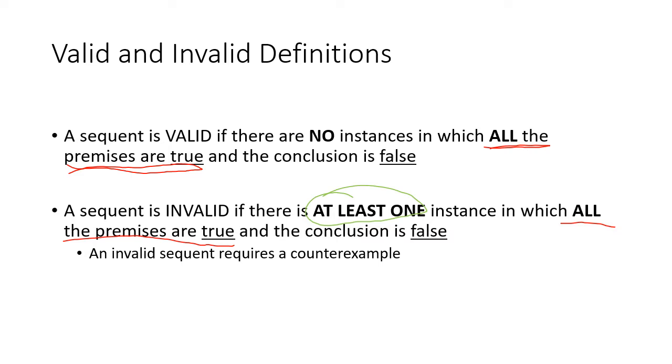And remember that an argument starts as valid and it becomes invalid once you find at least one instance in which all the premises are true and the conclusion is false. So it only takes one to make it invalid. And with that, we'll continue doing some practice problems.